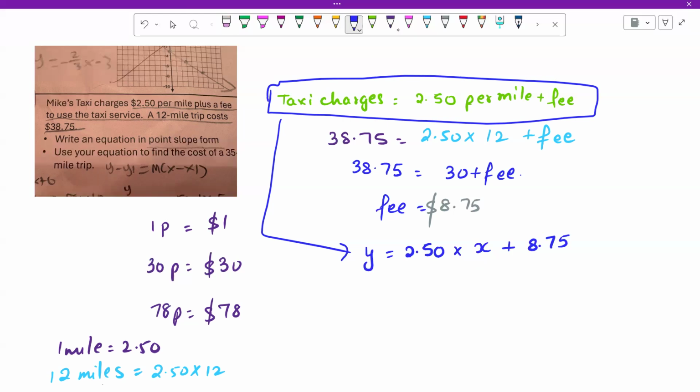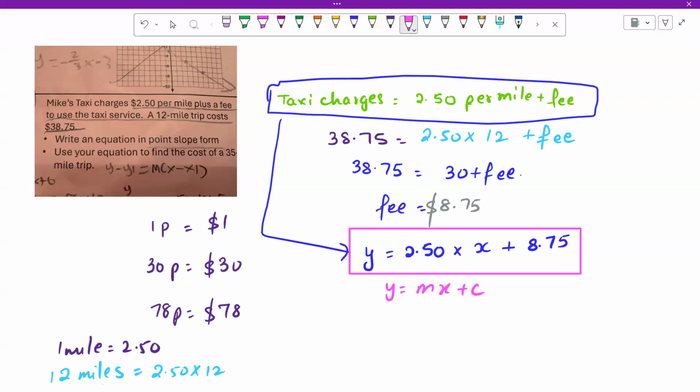Now, any question in any part of how we made it? No. And that's what was wanted. This is y equals mx plus c form, or b, whatever intercept we are using. Write an equation in the point slope form. This is what we have written.